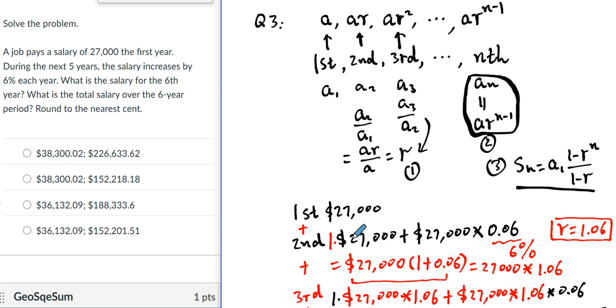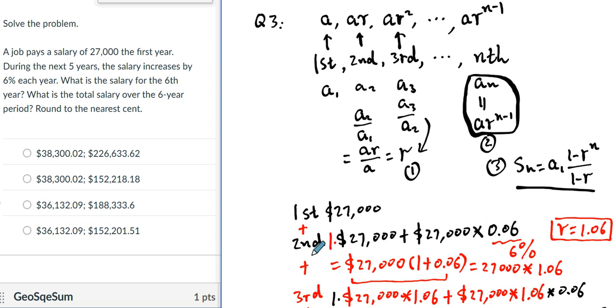You pull 27,000 out, so then you have a 1, because 27,000 is 27,000 times 1. Everyone agrees. And then you take 27,000 out, and it's 1 plus 0.06. That's how we got 1.06 right here.